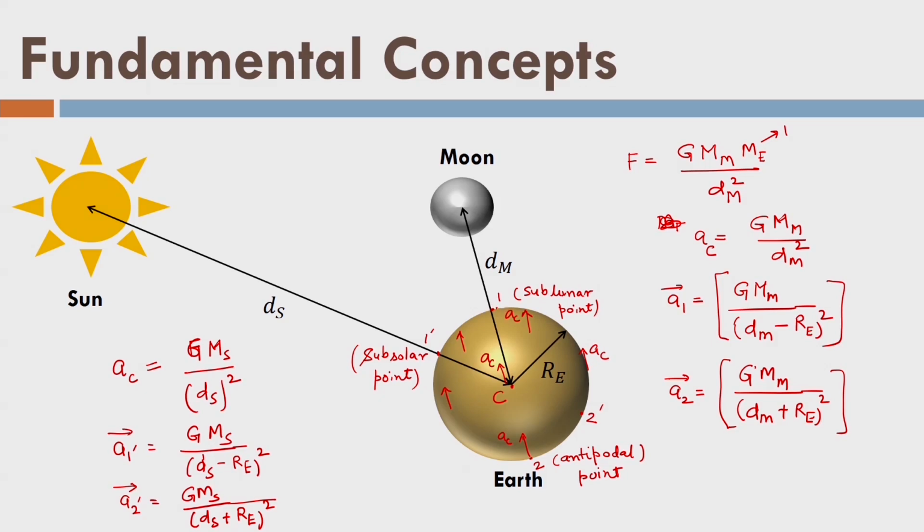Here at point 1, this is AC and this is A1. Similarly, at any other point I can mark this direction towards the Moon. That means this is AC here, and if I draw the direction towards the Moon, this is A1. So basically this is the direction now.